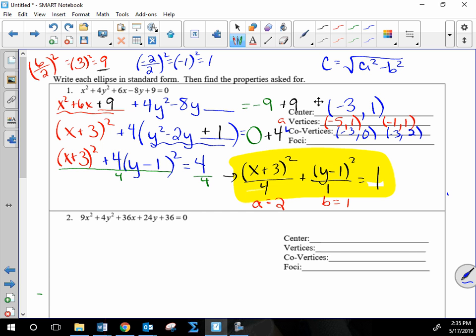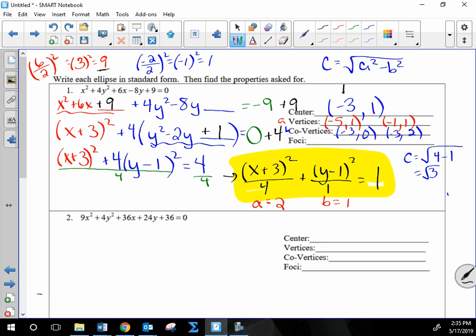Okay, so our foci here, C is the square root of A squared, which is 4, minus B squared, which is 1, so the square root of 3. My foci always affect the same thing my A values affect. So if my A affects my x's, my foci, my C affects my x's. So I'm just going to simply take my center there.